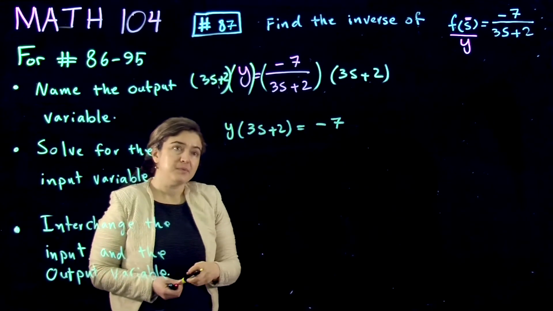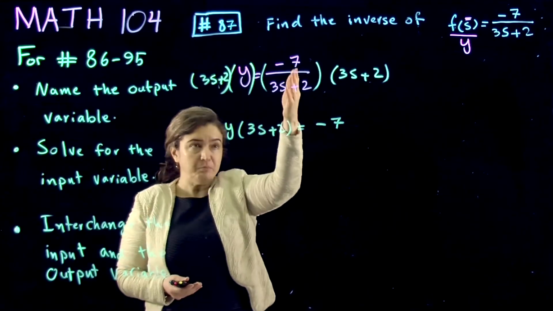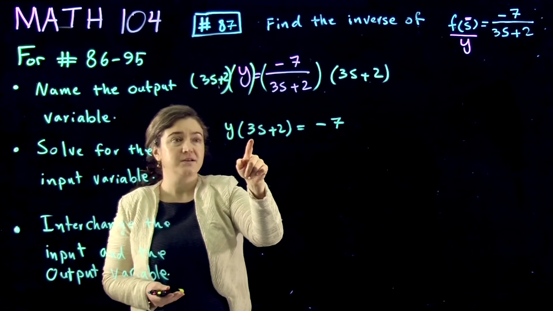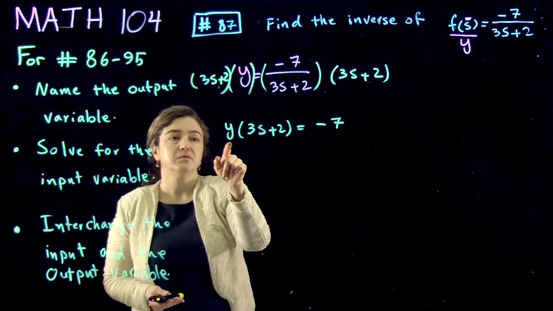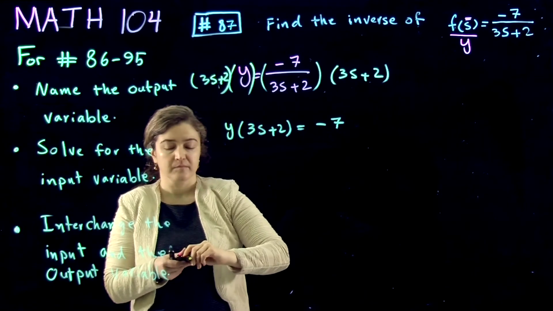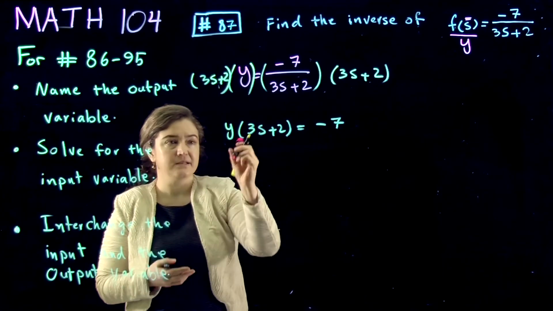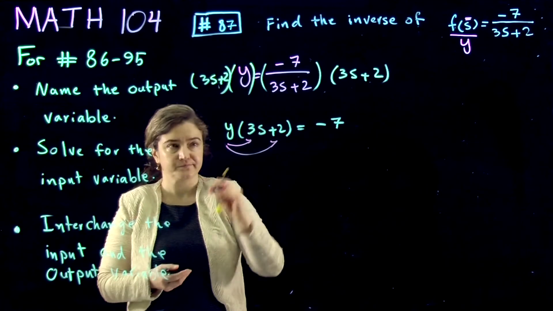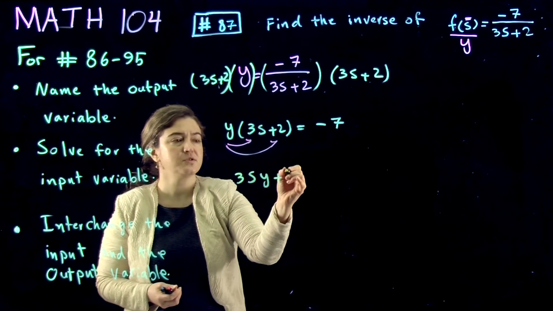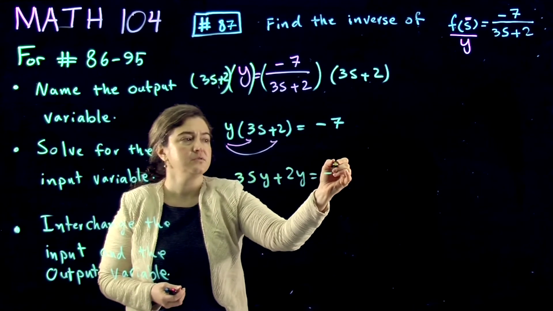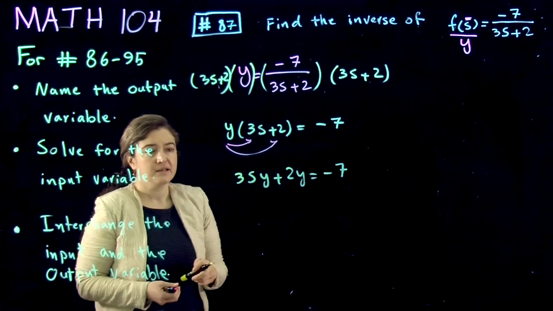Now, the next step in the path to isolate the term with s is to distribute y inside. So it becomes 3s times y plus 2y is equal to -7.